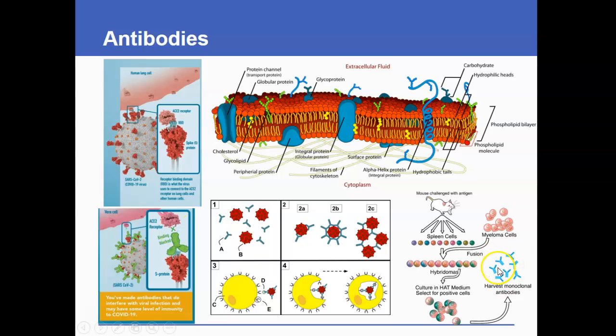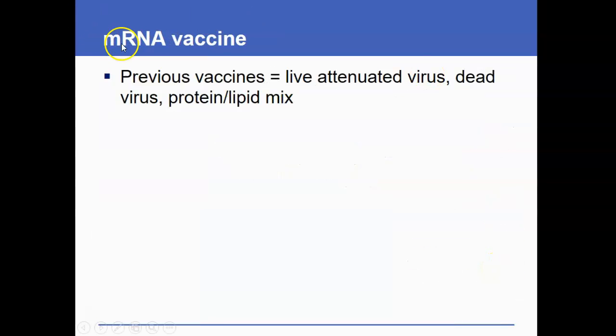So these treatments are definitely very exciting, but what we've all really been waiting for is a vaccine to generate that immune response so that someone is no longer susceptible to infection, not from getting the virus, but from getting the vaccine.